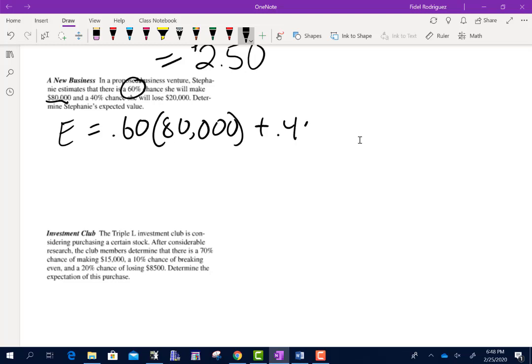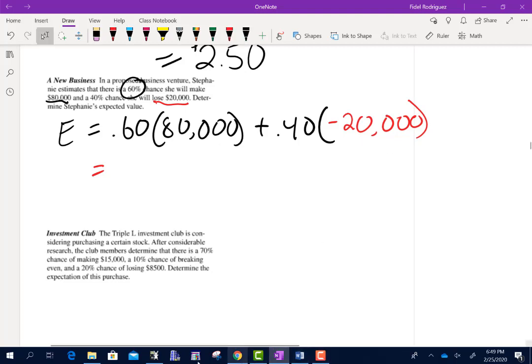Plus a 40% chance that she's going to lose $20,000. Because she's going to lose $20,000, it's going to be a negative $20,000. So now let's multiply and see what we come up with.